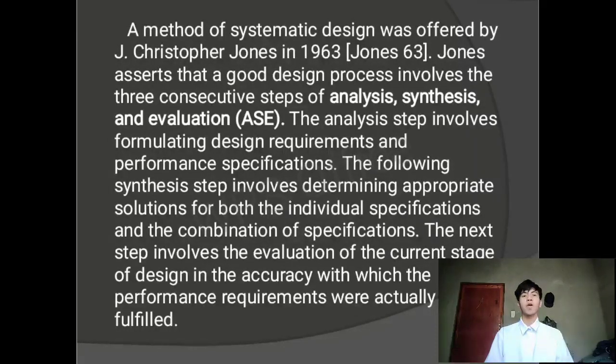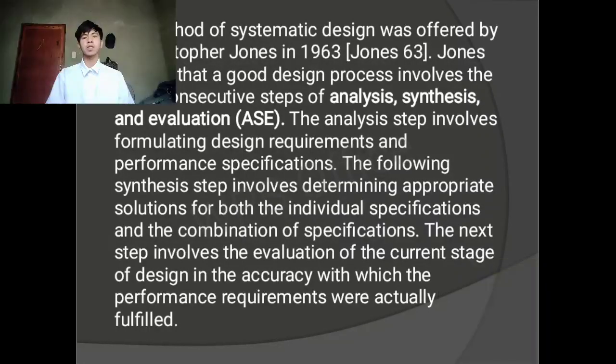The analysis step involves formulating design requirements and performance specification. The following synthesis step involves determining appropriate solutions for both the individual specifications and the combinations of specifications. The next step involves the evaluation of the current stage of design and the accuracy with which the performance requirements were actually fulfilled.